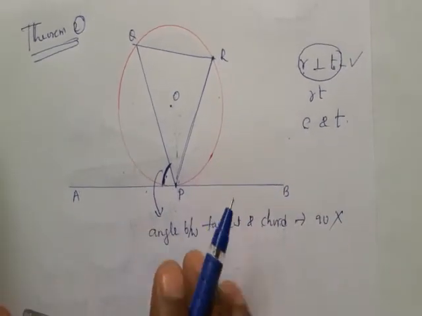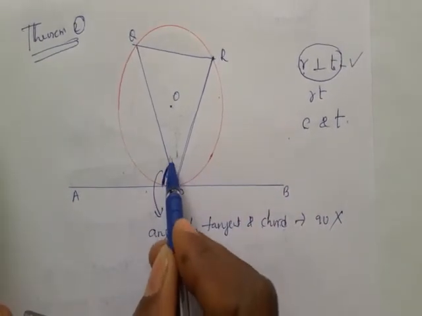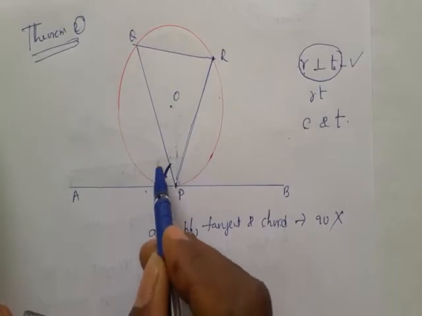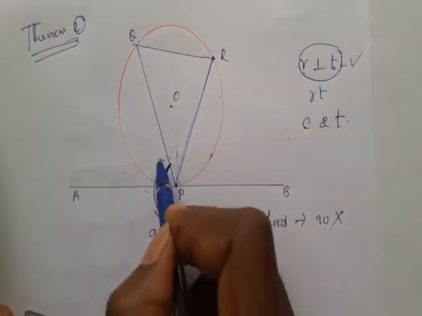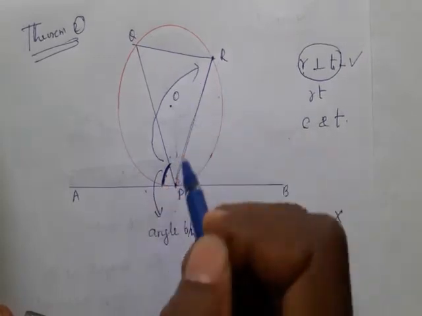Then how to solve this kind of problem? When chord and tangent meet at any angle, this angle will be equal to this angle.